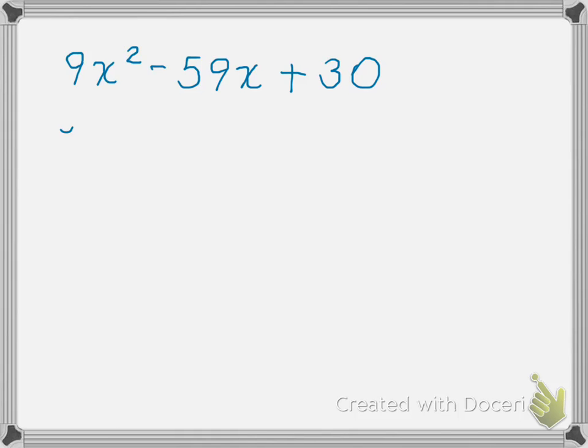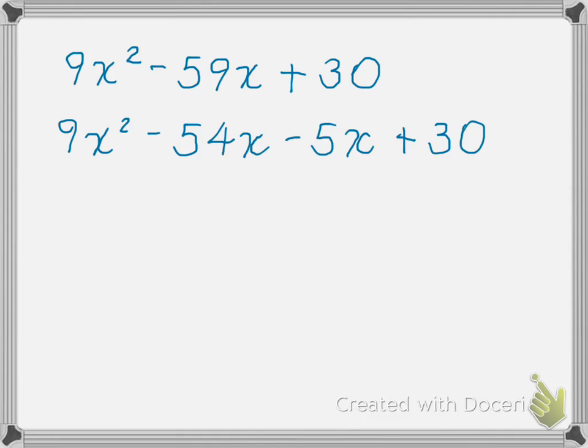Now our numbers were minus 54, which is the coefficient of our x, and minus 5. Okay, so we've rewritten the middle term using the coefficients that we found.